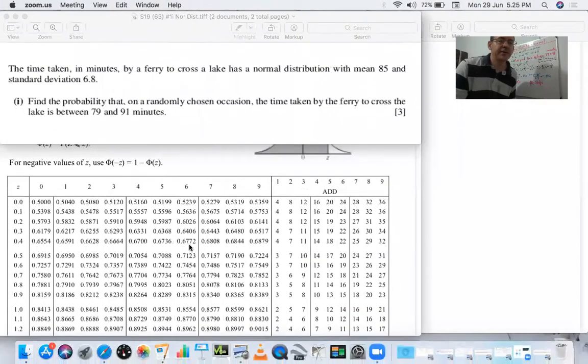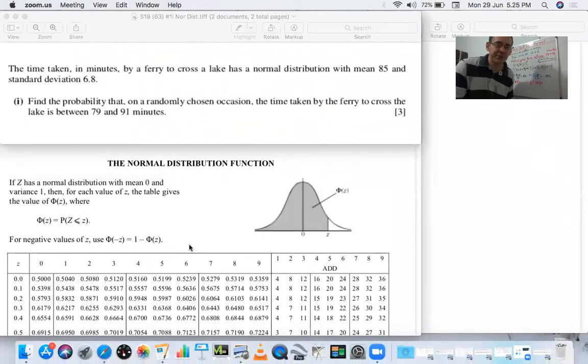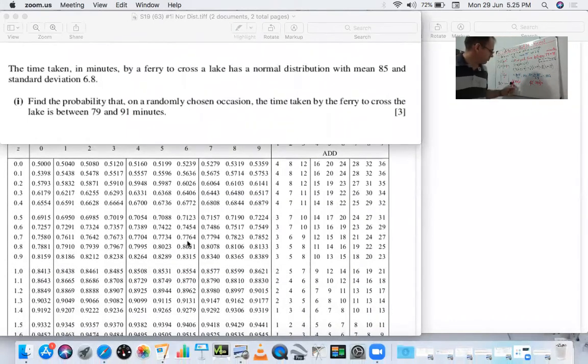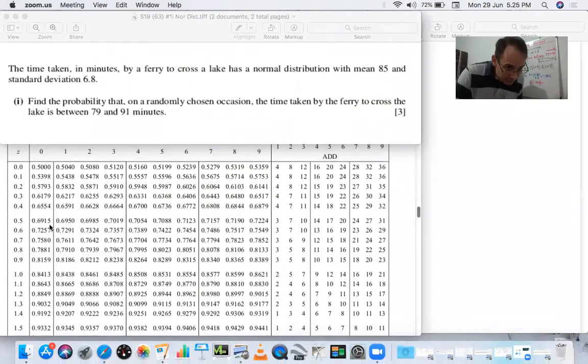So let's go back to our formula sheet here, to our normal distribution function that you see right here. And we want to look up the value 0.882. So that would be a 0.8 right here. Then a second 8, which is up here. You cross those. So 0.8 with 8 is 0.8106.